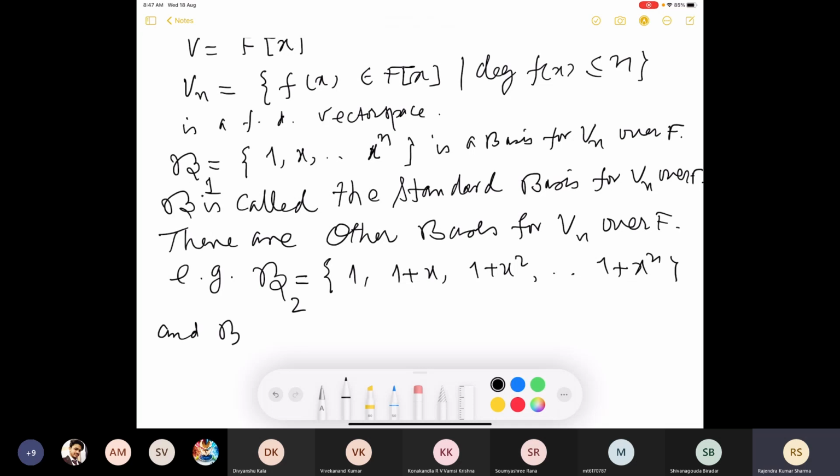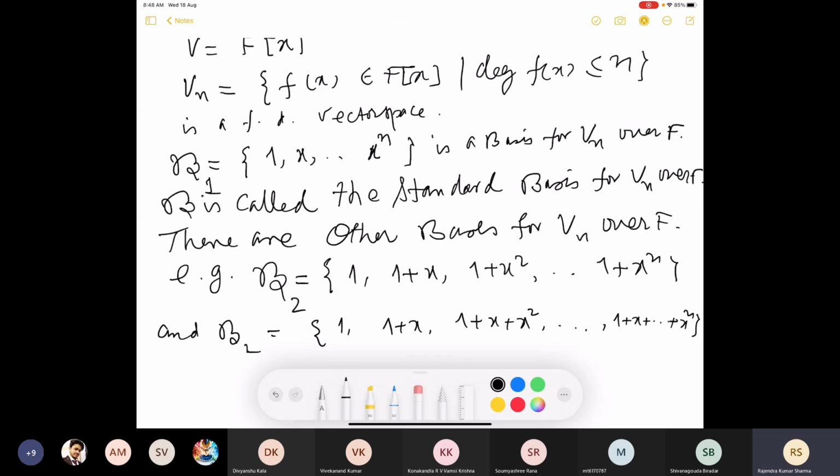And you can also take B2, say for example: 1, 1 plus x, 1 plus x plus x square, and like that, so on. So here in B2 the elements are 1 plus x, 1 plus x plus x square, 1 plus x plus x square plus x cube, and the last is 1 plus x plus x square plus up to x power n.